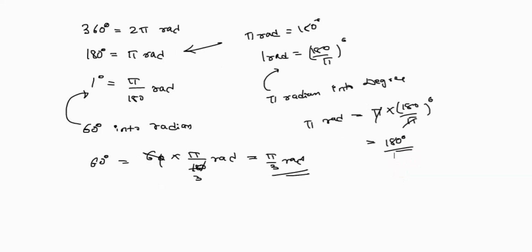So finally I will give a formula you can use anywhere whenever you have to convert. This is: radian by pi will be equal to degree by 180 degree.